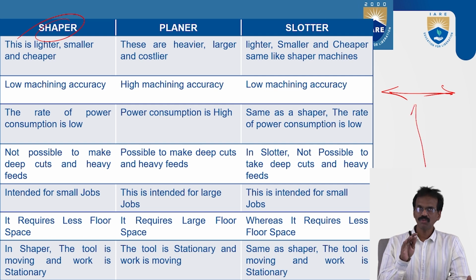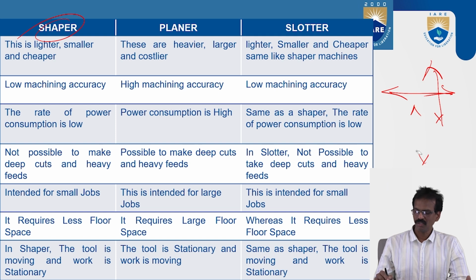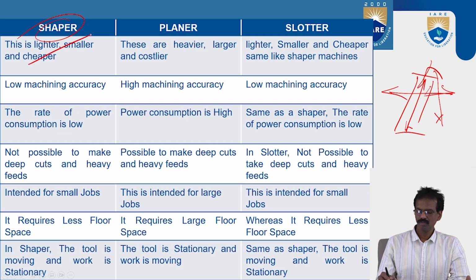In the planing machine, the cutting tool is fixed, but the table will move reciprocately in a to and fro motion. In the slotting machine, the cutting tool will move, but vertically. Okay, this is the horizontal. The table will move like this one, horizontal.